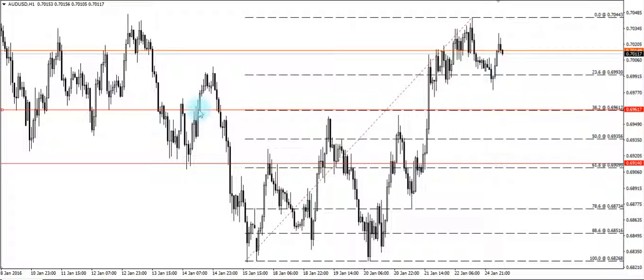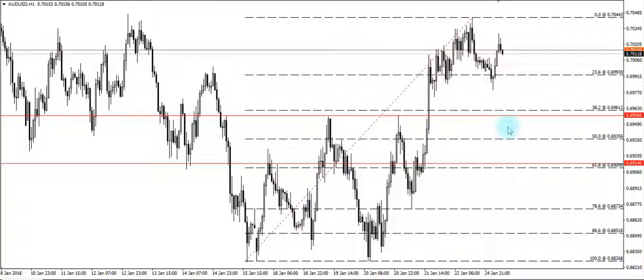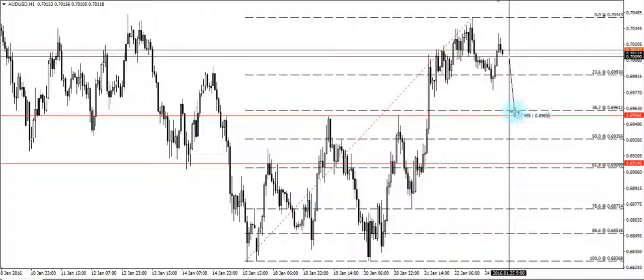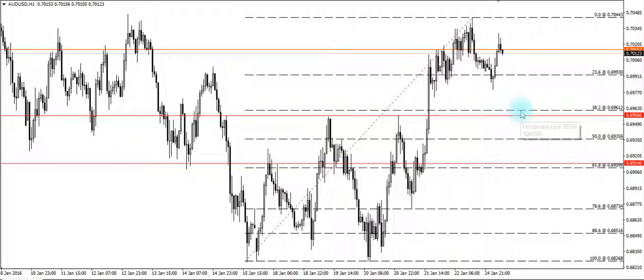Let's shift it over here, maybe slightly lower at 0.6956, because we can see that was a previous resistance level. We can expect the price to retrace all the way back to this portion to look for a buy. So in between the retracement level of 38.2% at the price of 0.6961 and 0.6956, we can look for the buy.